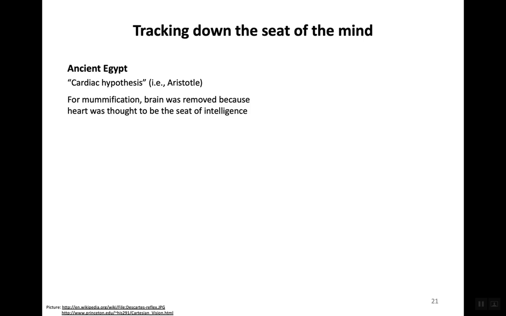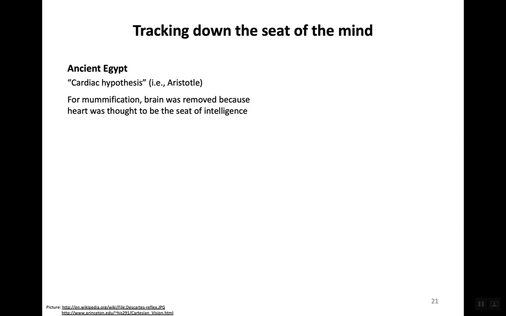For instance, for mummification purposes, the brain was often removed because they thought the heart was the seat of intelligence. Hence, removing the brain was not essential for somebody's passing into the afterlife. Okay, so why would anyone believe that the heart is truly the seat of the mind rather than the brain?